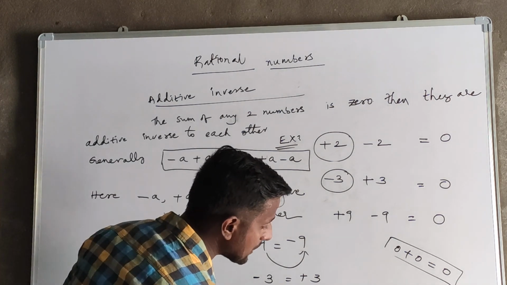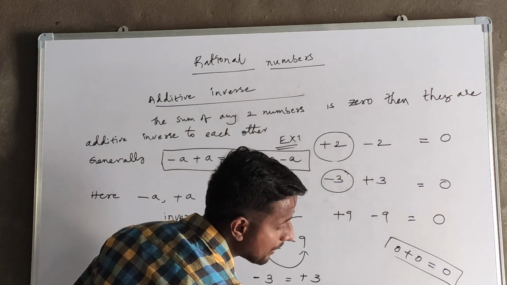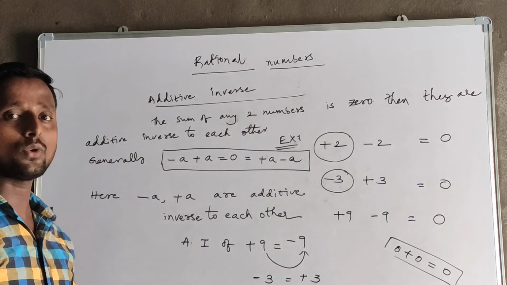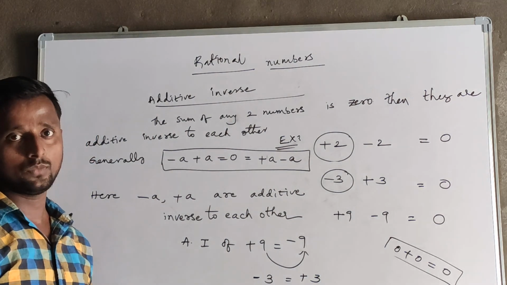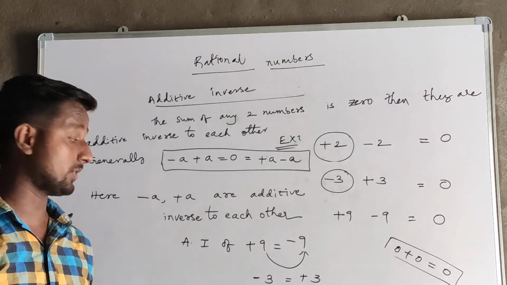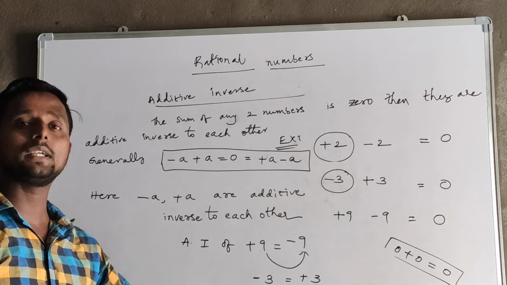So the additive inverse of 0 doesn't exist. 0 is the additive identity, but 0 has no additive inverse.